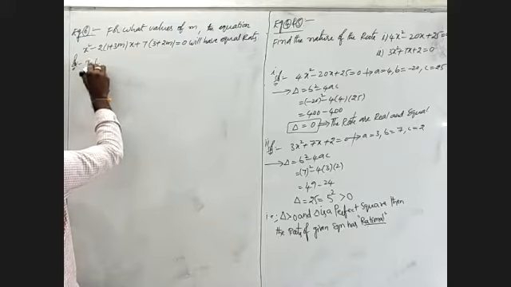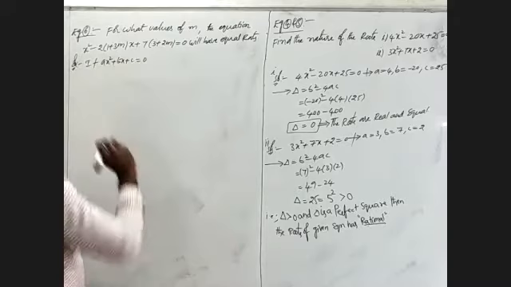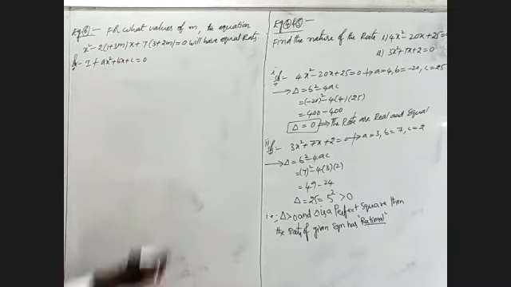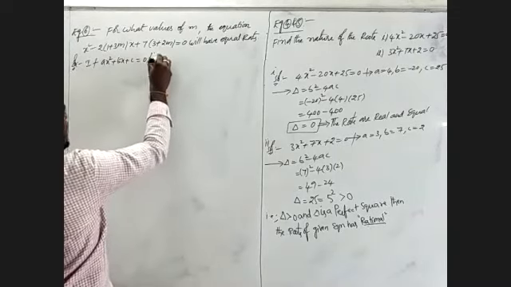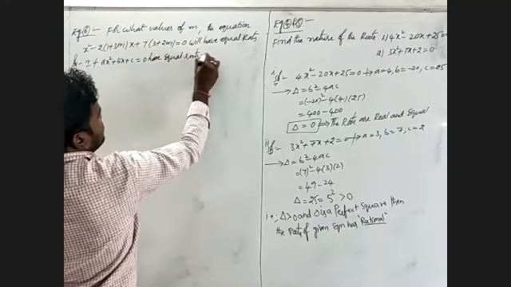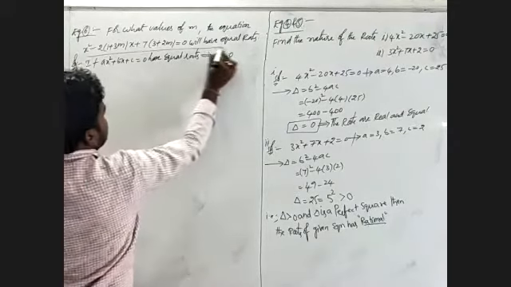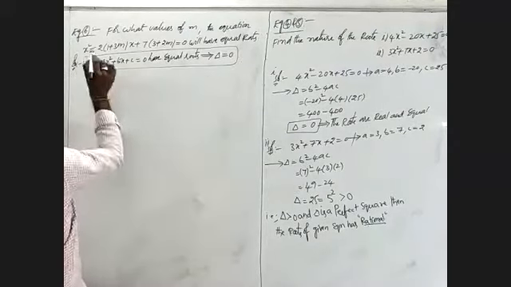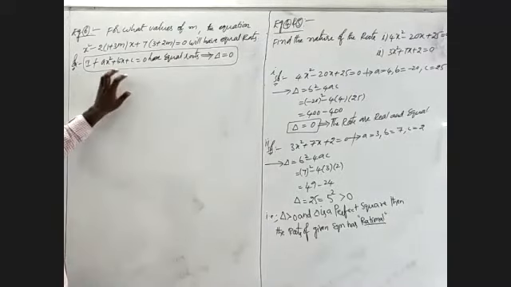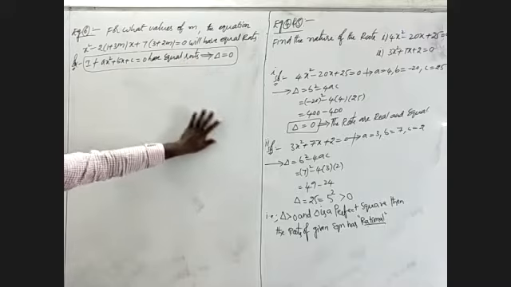If ax square plus bx plus c is equal to 0 is a quadratic equation and has equal roots, then its discriminant is equal to 0. This is the condition. We note this. Given quadratic equation has equal roots means its discriminant is equal to 0.